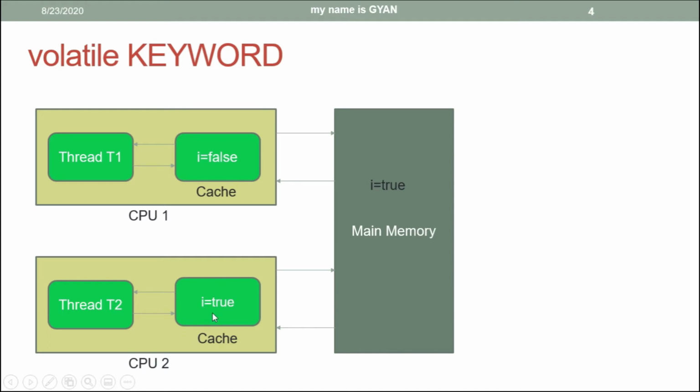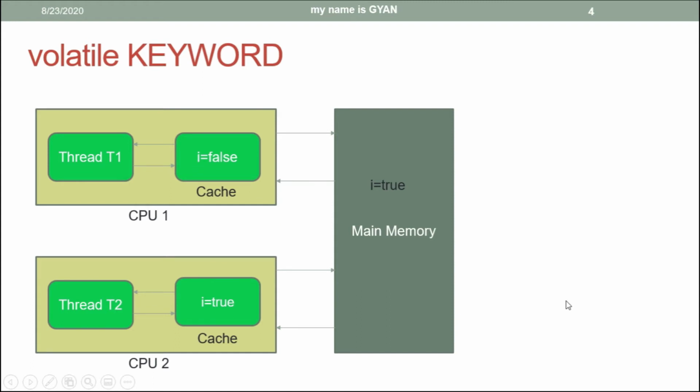So after writing volatile, whenever someone changes a variable, that change occurs in the main memory, and whenever another thread reads a variable, that read occurs from the main memory. Now the thread T2 in CPU2 will always be updated with the latest value of i, and it will stop the execution of the while loop as soon as the thread T1 makes the variable i false.